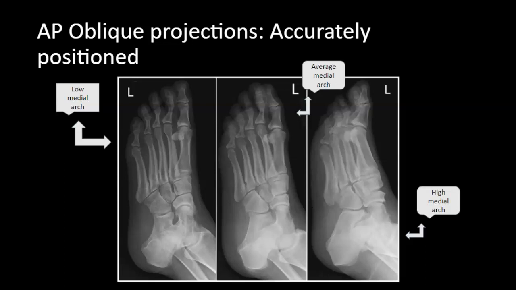Each one of these images are adequately positioned to obtain the image evaluation criteria. I understand on the high medial arch that the metatarsals are superimposing. However, this is patient dependent.